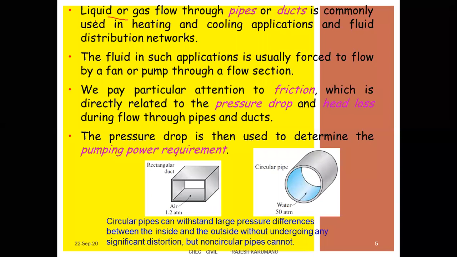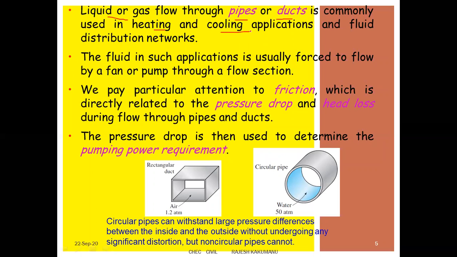Next. So the liquids or gases flowing through pipes or ducts are commonly used in heating and cooling applications and fluid distribution networks. Here what we are discussing is a liquid, it may be oil, it may be water, or some other high viscosity liquid, or a gas flowing through pipes or ducts or open channels.